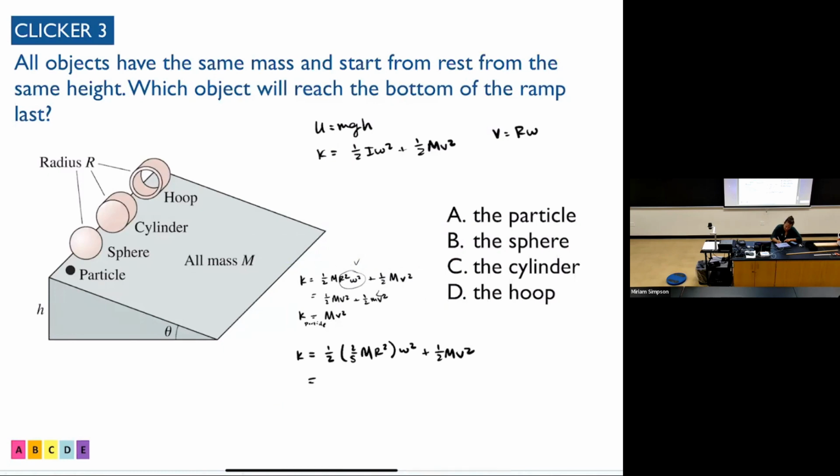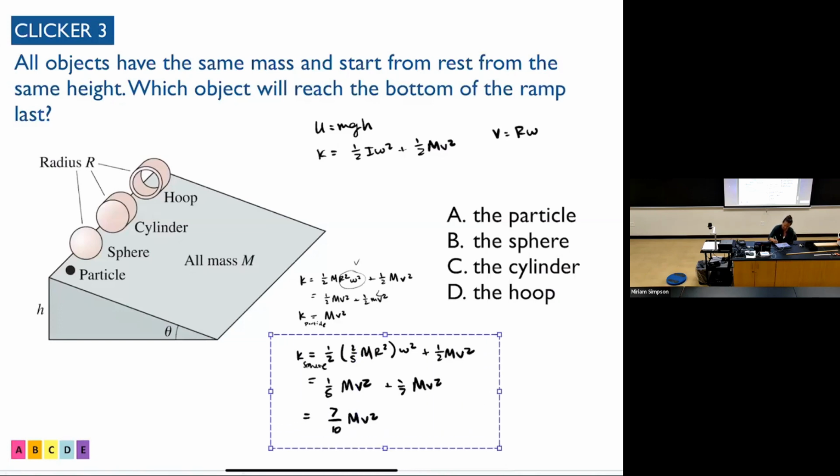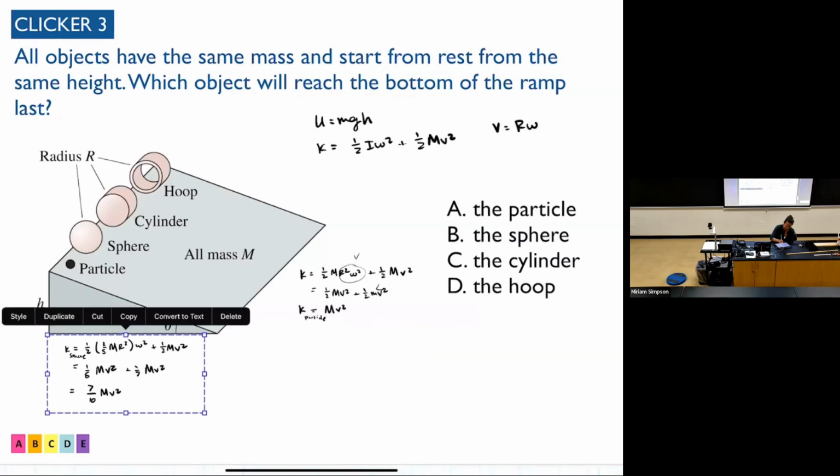This gives us 1/5 mv squared, because remember this gives us v squared, plus 1/2 mv squared. So what's 1/5 plus 1/2? 7/10. Okay, so this is 7/10 mv squared. So that's for the sphere. I'm going to make that smaller and move it over here. So we've got 1, and now we have 7/10.